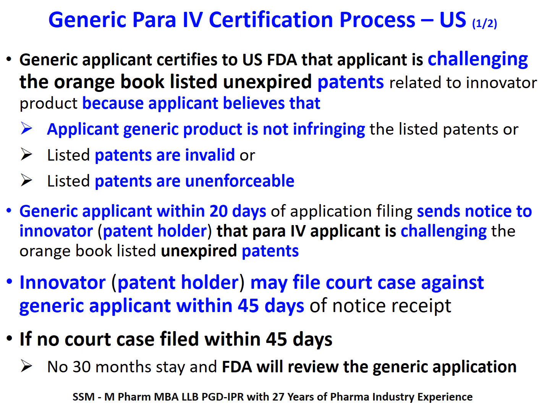Then the innovator or patent holder may, within 45 days, file a court case against the generic applicant. If no court case is filed within 45 days, then FDA may review the generic application and approve it if it is approvable, and there will be no stay against the generic approval in this case.